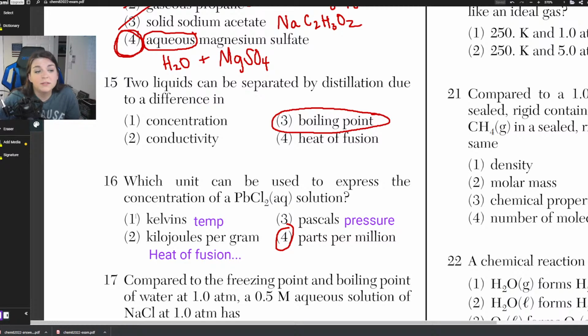Like I said, it's right here in question 15. It is related to the amount of energy needed to conduct a phase change. Not going to help you with the concentration. The concentration is how much stuff is in your other stuff. How much lead 2 chloride is in the water. You don't want lead chloride, at least in your drinking water, you don't want it there. Not very good for you. So you would want to know how many parts per million were in there to decide if it were safe or if it were unsafe.